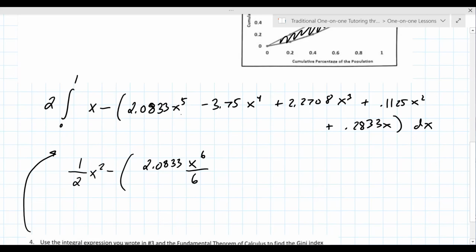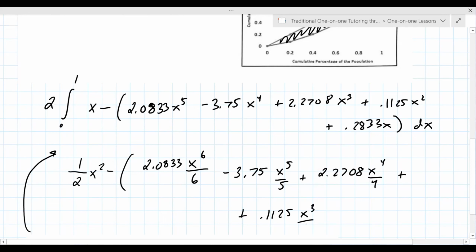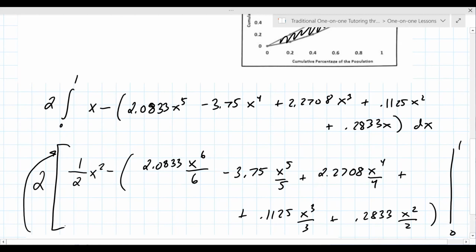So you add 1 to the exponent and you divide by the new exponent, minus 3.75 x to the 5th over 5 plus 2.2708 x to the 4th over 4, plus 0.1125 x cubed over 3 plus 2833 x squared over 2, like that. And then you're evaluating from 0 to 1, and then you're multiplying everything by 2.